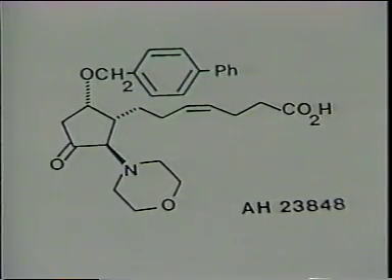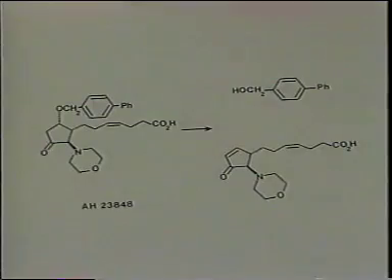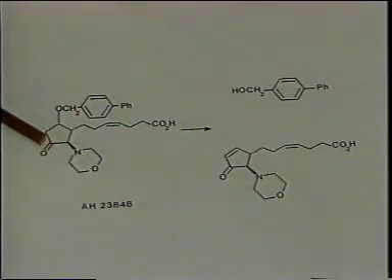Unfortunately, fairly early on into the toxicological studies, this molecule showed itself to be teratogenic. In other words, it caused damage to the unborn fetus. Now, if you look at this molecule, you can see that we have a beta-alkoxy ketone.